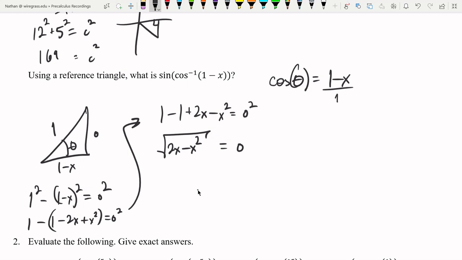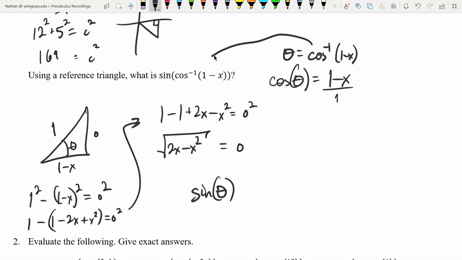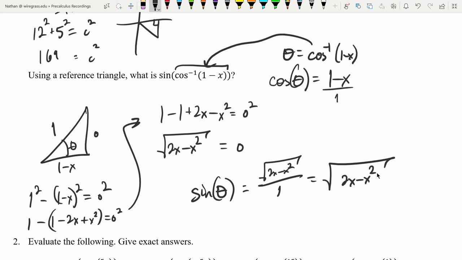And that means that sine of theta, which is exactly what this is, right? We said cosine of theta equals that. That's the same thing as saying theta equals cosine inverse of 1 minus x. And that is the same thing as just right there. So sine of theta, which is exactly what we're trying to find, is just the opposite over the hypotenuse, which is just the square root of 2x minus x squared.